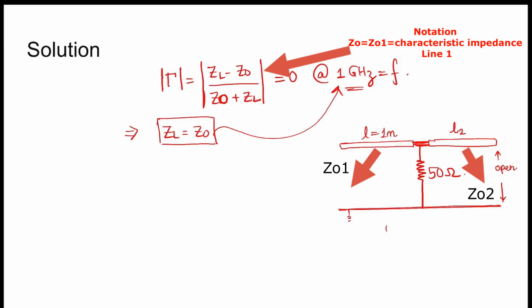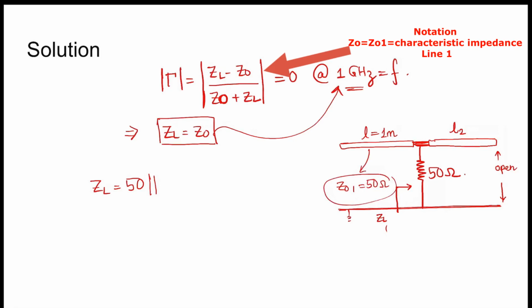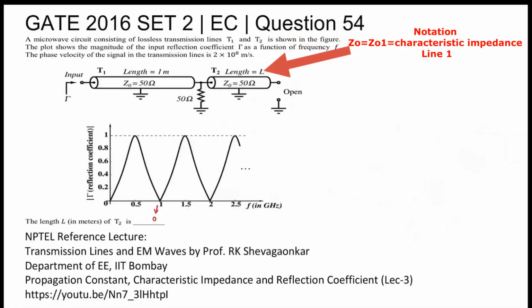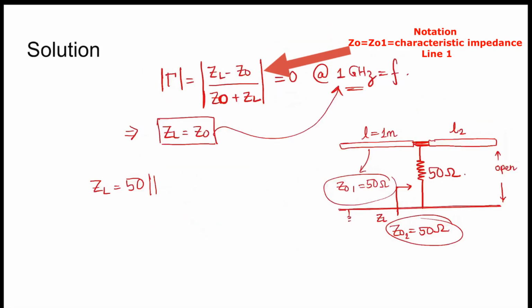And Z naught equal to 50 ohm. Now this is ZL, you see from here. In the question Z02 is given as 50 ohm and Z01 for this line is given as 50 ohm also. Both are 50, and a 50 is connected here also.